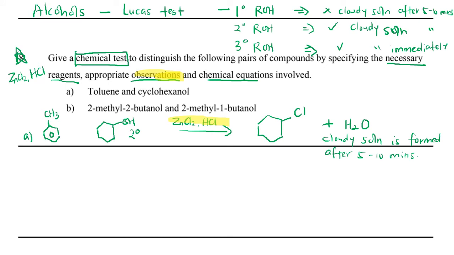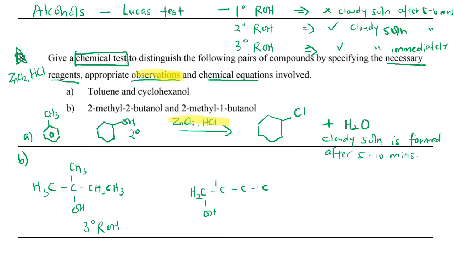Okay, then 2-methyl-2-butanol, 4 carbon, and then the second carbon has OH and then has CH3. So this is CH3, CH2, CH3. So for question B, this is a tertiary alcohol. And then we have another butanol, 1-butanol. So complete with CH2, CH2, CH3, and the OH at the end.